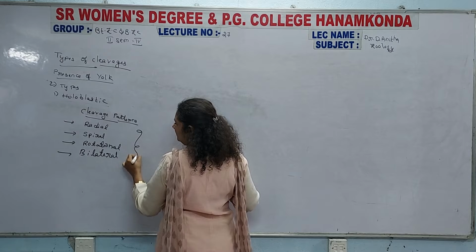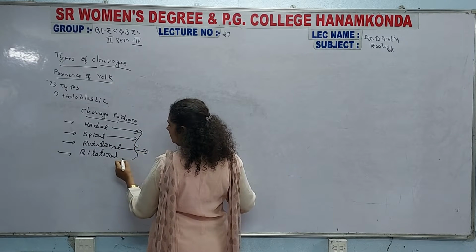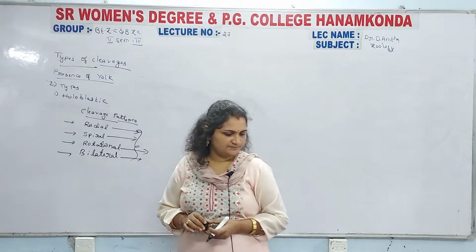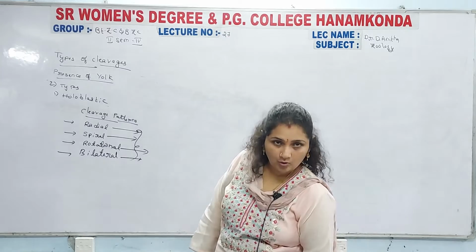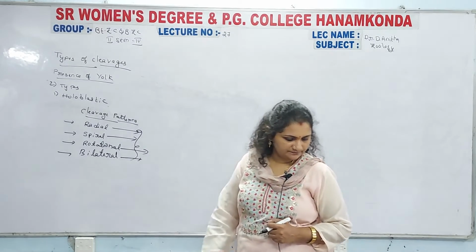Totally four types: radial cleavage, spiral cleavage, rotational cleavage and bilateral cleavage. Based upon the cleavage patterns, these also come under the holoblastic cleavage. So those are the radial cleavage.